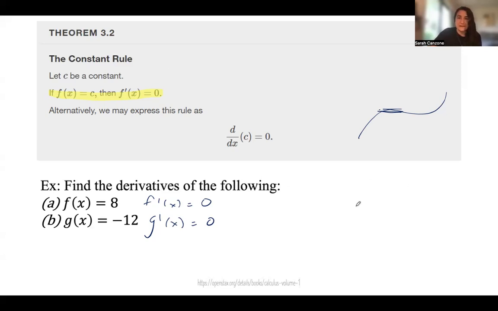Well, a constant is just a horizontal line throughout the entire graph. So the slope of a constant is 0 always because it's constant. Since derivative is slope, the derivative of a constant is just 0. So that's a little bit more of an intuitive reason why this is what it is.